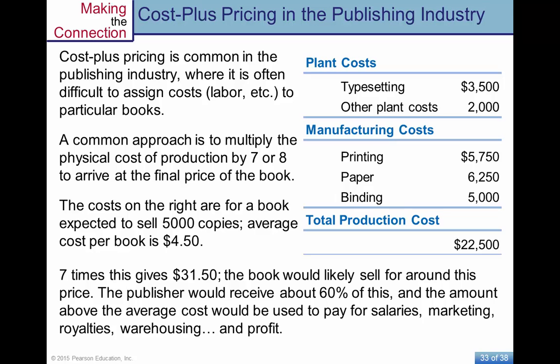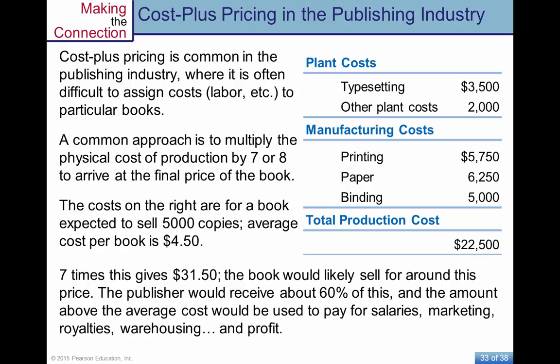Cost plus pricing is common in the publishing industry, where it is often difficult to assign costs, labor, etc. to particular books. A common approach is to multiply the physical cost of production by 7 or 8 to arrive at the final price of the book.